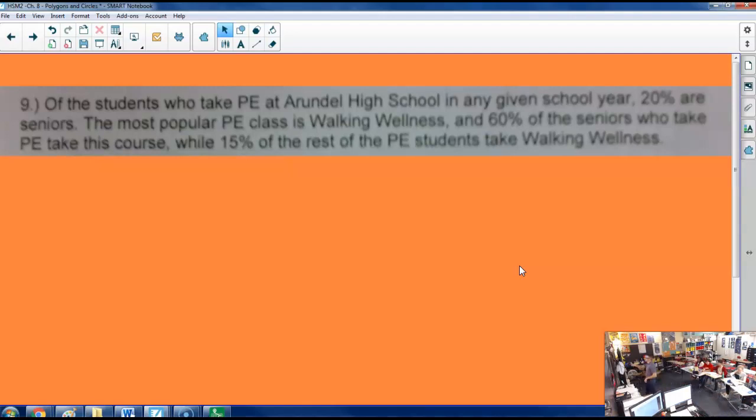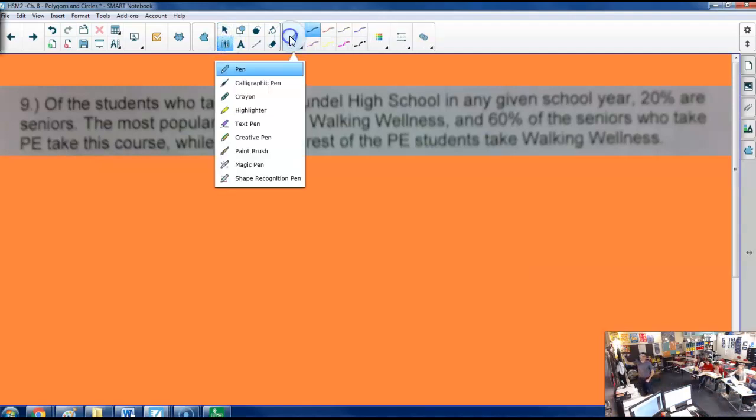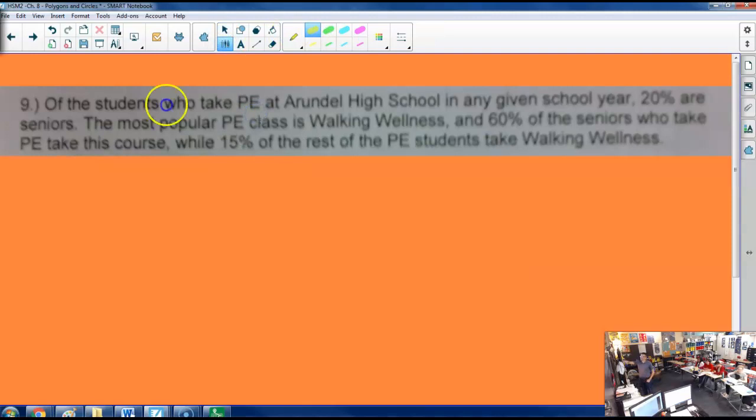It's like a marker, not like a highlighter. Of the students who take PE, 20% are seniors. Not 20% of the school. 20% of the people who take PE, because the other seniors probably already have that credit.